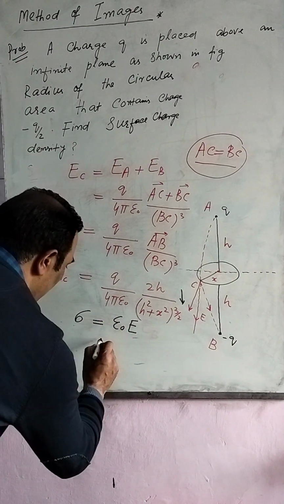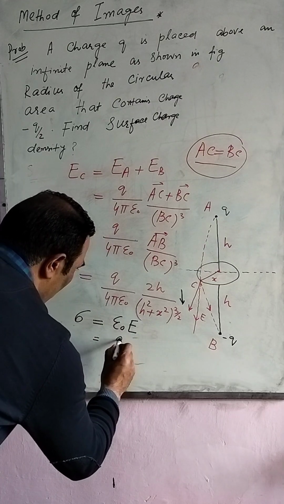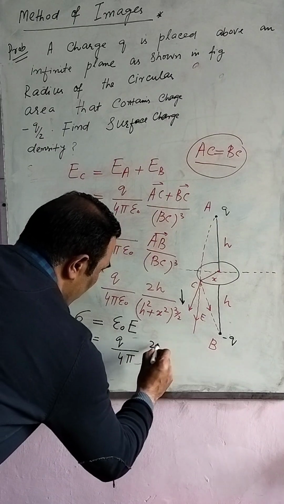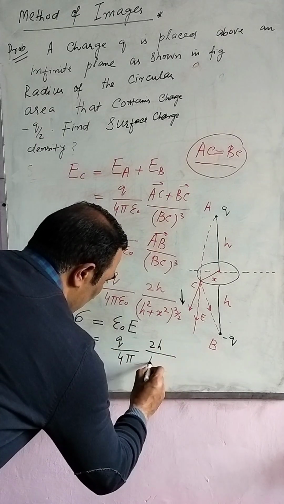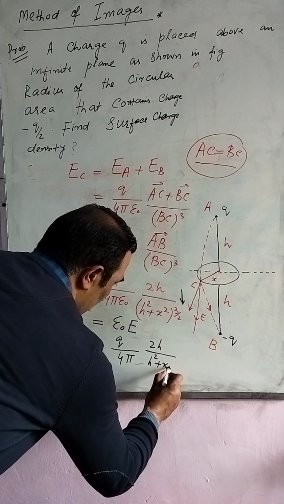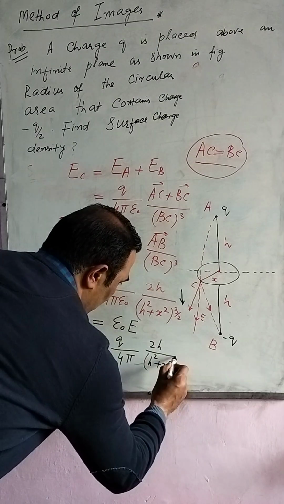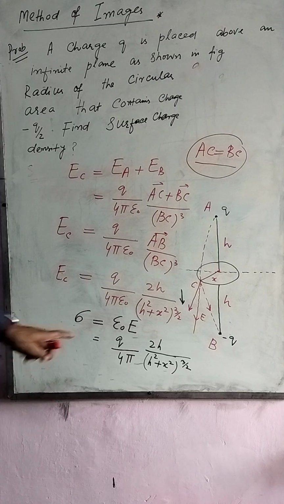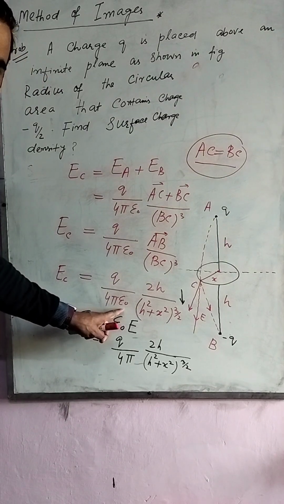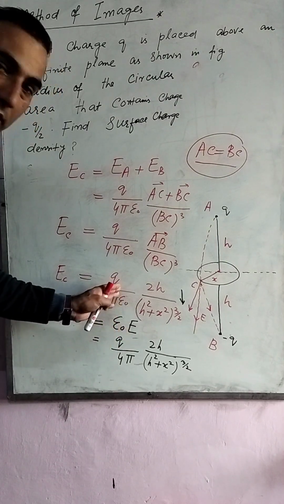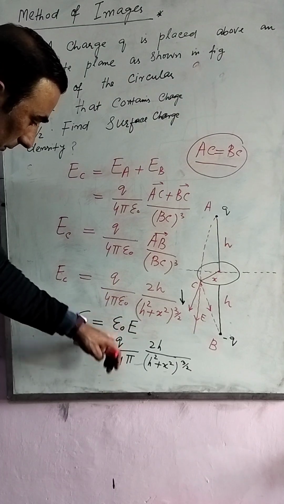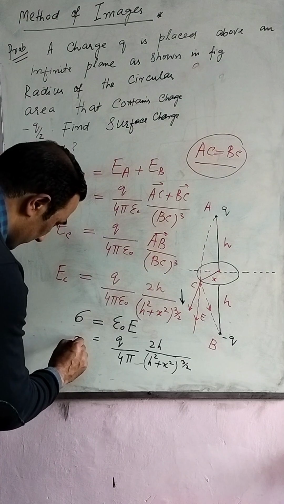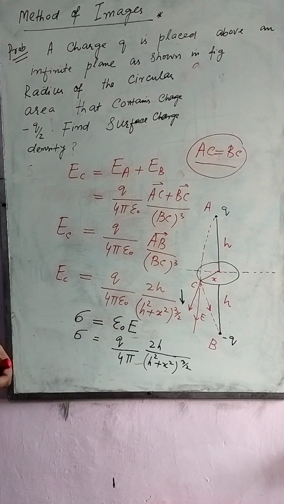Or you can rewrite this as Q upon 4 pi into 2h upon (h square plus x square) raised to power 3 by 2. Because you have epsilon naught in the denominator here, this epsilon naught will cancel. So here we get Q by 4 pi and this term, and that will be the surface charge density.